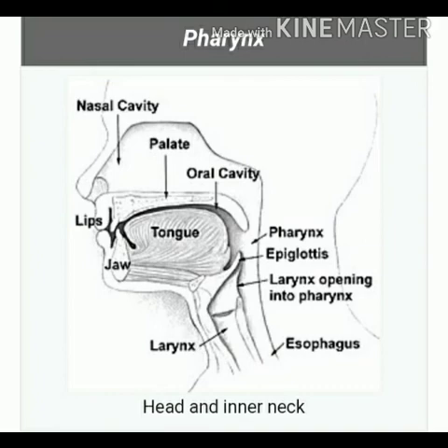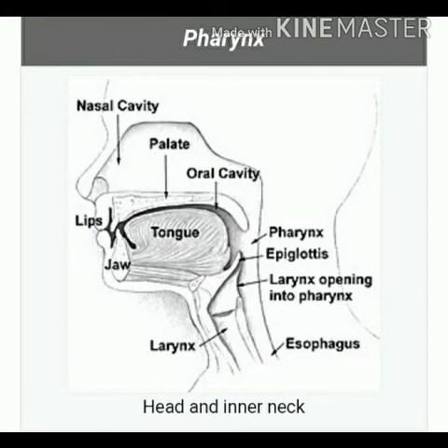Now next is the pharynx. It is a common passage for food and air. The opening of the trachea in the pharynx is guarded by a muscular flap that is called epiglottis, which closes the glottis while we swallow food to avoid food entering the trachea. In the pharynx two tubes are present: one is the air pipe and one is the food pipe.